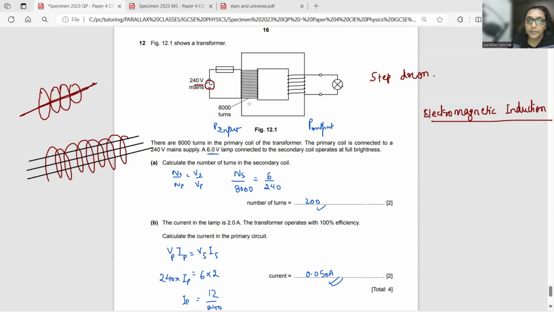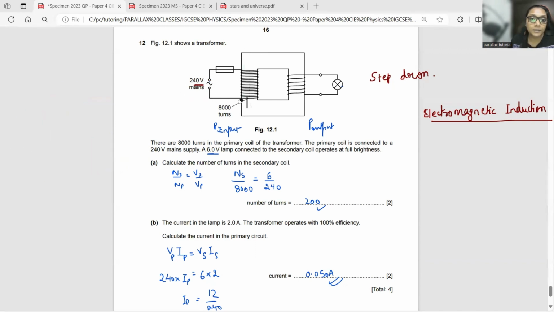Through the coil. So the magnetic lines of force will pass through this, correct? That is how it will pass. Let me make it a bit better. So we have magnetism induced due to electricity in the primary coil, right? These are the magnetic lines of force.